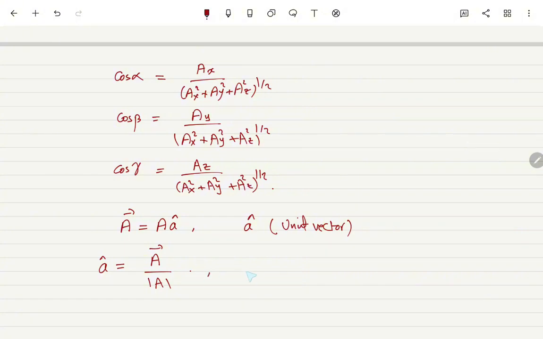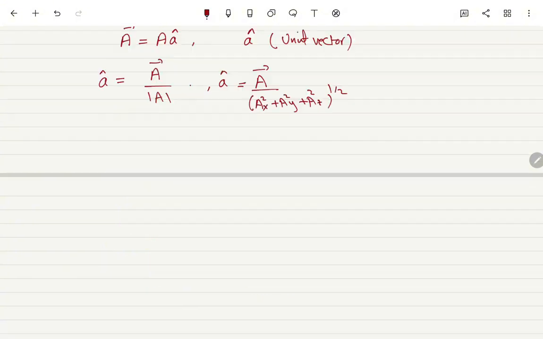Or in other words, a hat equals vector A divided by its magnitude, (ax squared plus ay squared plus az squared) to the power half. Based on the above, we can write vector A equal to ax i hat plus ay j hat plus az k hat, in such a way that i hat, j hat, k hat are unit vectors.